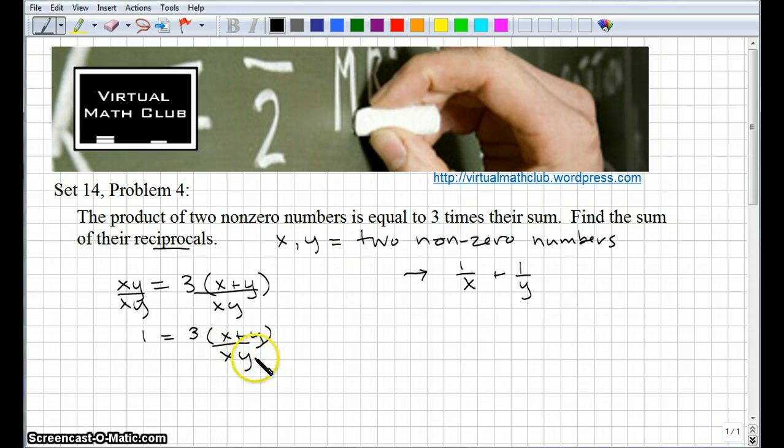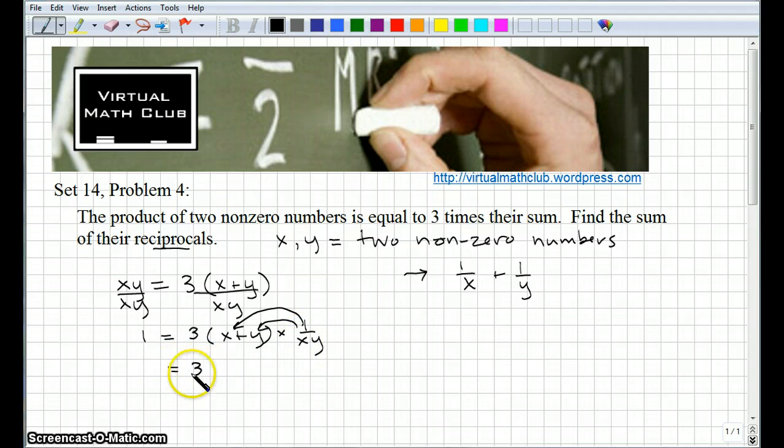We're dividing by xy, but you can think of it as multiplying by 1 over xy. Then we can use the distributive property and multiply each term by 1 over xy.